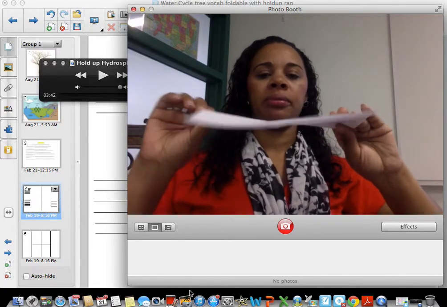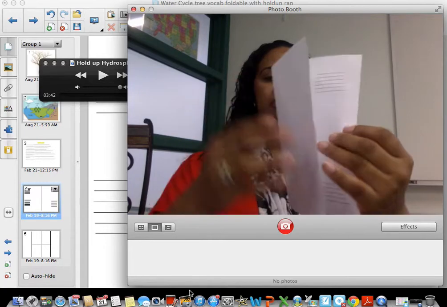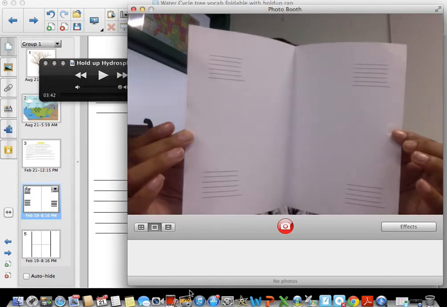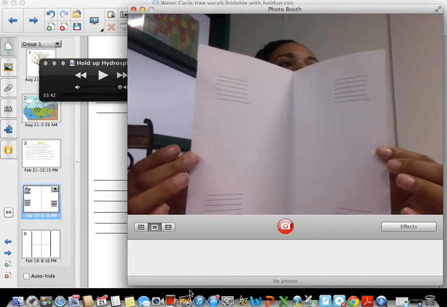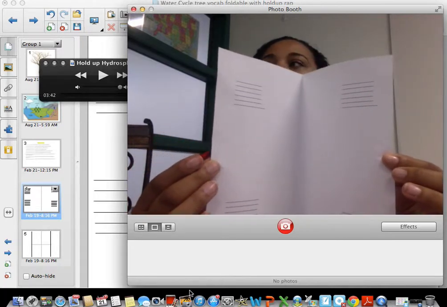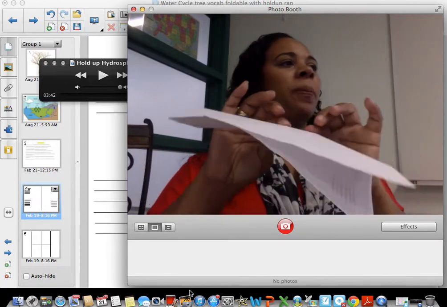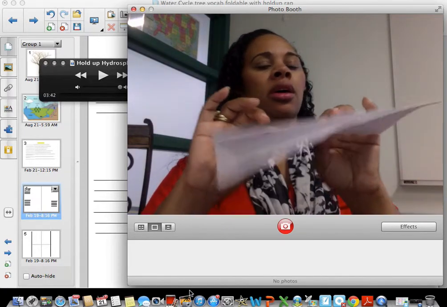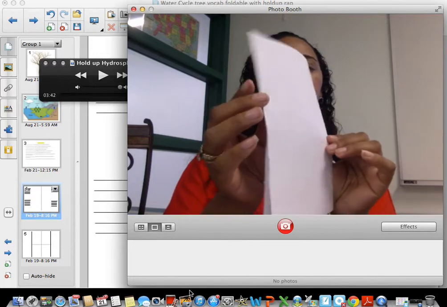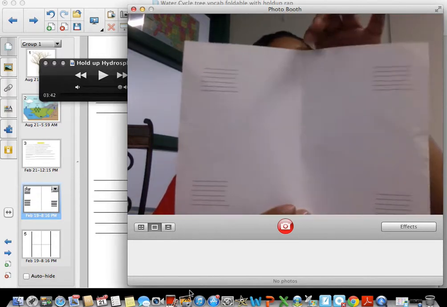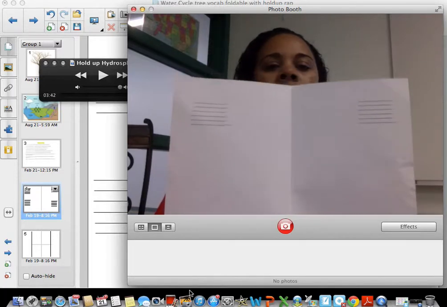Look at the screen. What we're about to do, we're making our foldable, which will help us with our water cycle. Once we fold it down the middle, open it back up like so.